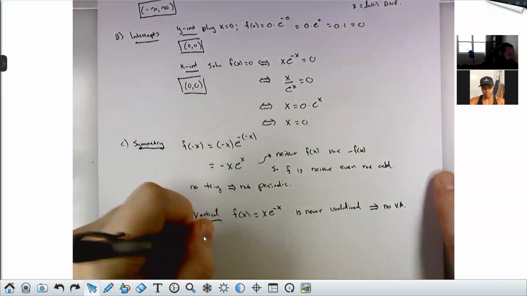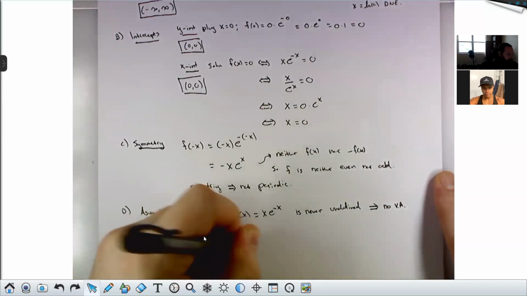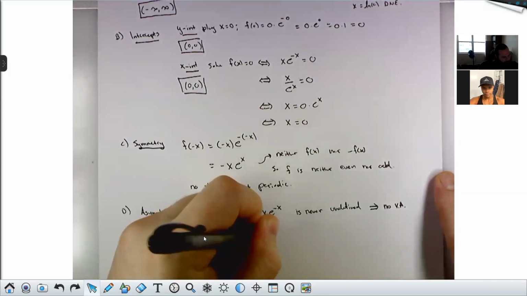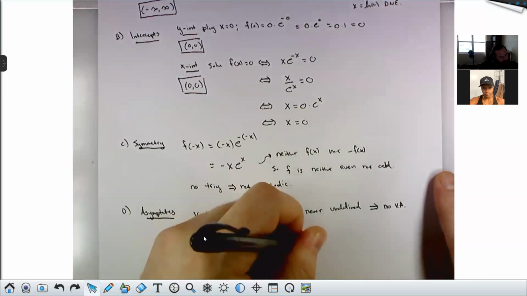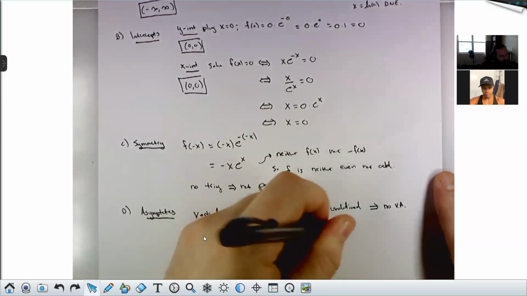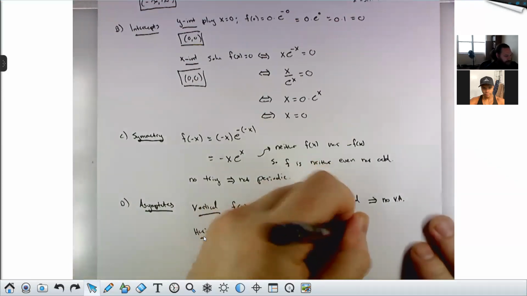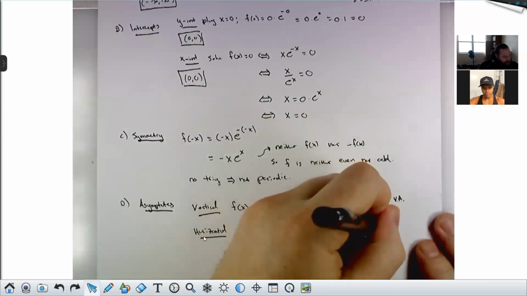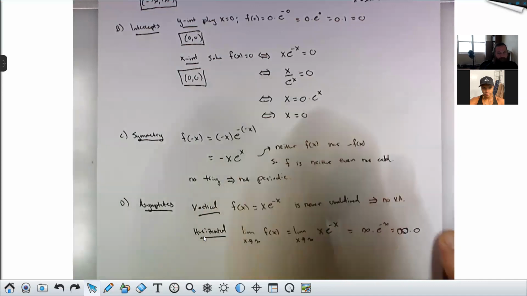I want to look for horizontal asymptotes. I have to look at the limit as x goes to infinity of f of x, which is the limit as x goes to infinity of x times e to the negative x. And this is precisely why we had to talk about L'Hopital's rule before we could do this. This is why we had Hannah's lecture before 4.5. If I try to plug in infinity here, this looks like infinity times e to the negative infinity, which would be infinity times 0.